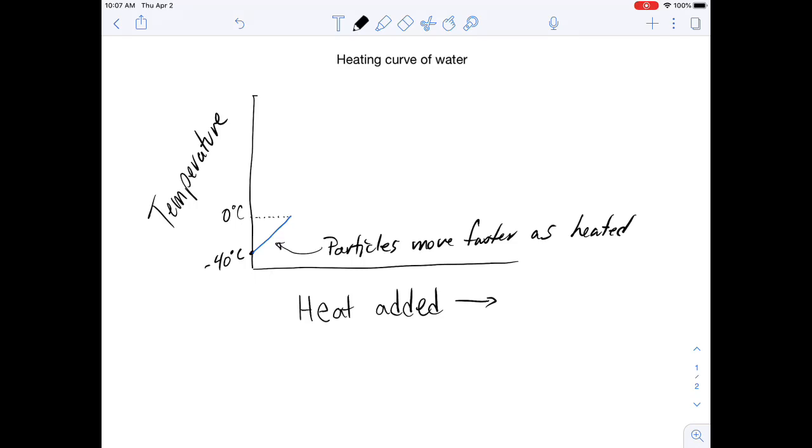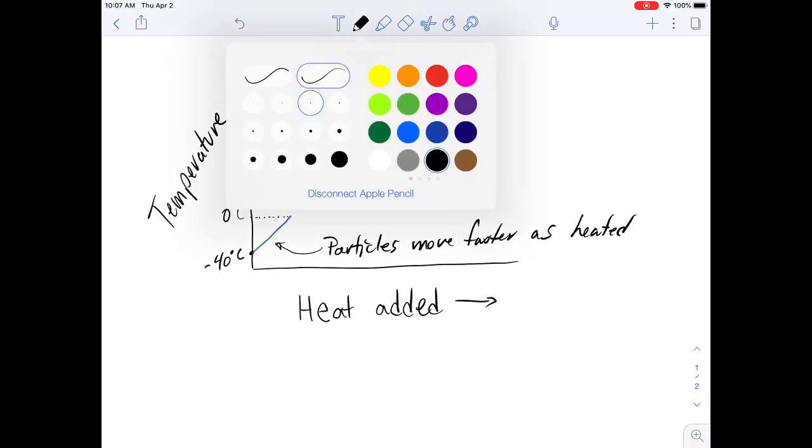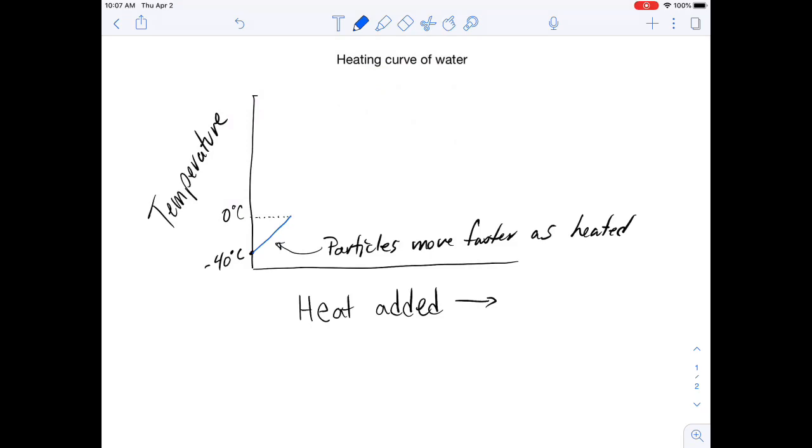As they heat, they vibrate faster and faster. So the vibrations increase in speed and the temperature goes up. As that ice is being heated, the particle movement is faster, but they're not really moving further apart or anything like that. Now the particles are going to start to become liquid.